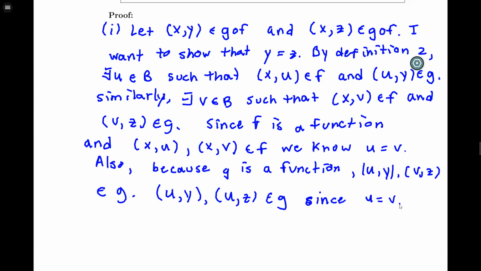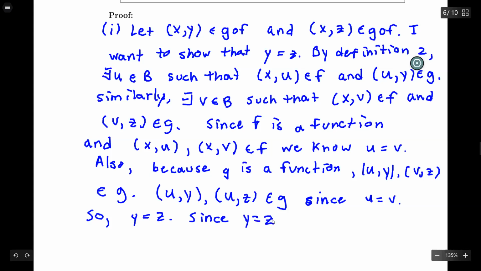So what we're going to conclude is that y must be equal to z. So since y equals z, g compose f must be a function.